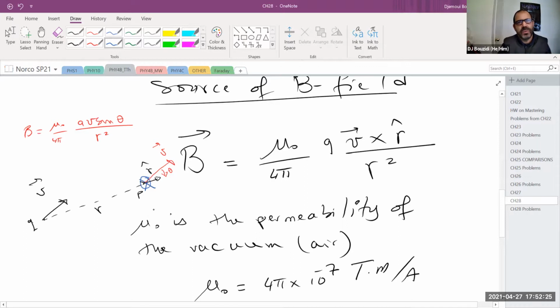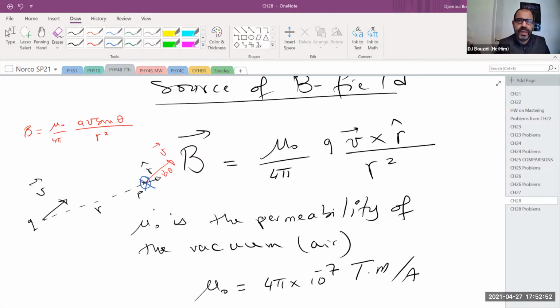This is where the magnetic field is pointing. It's going in, okay? Because if these two, namely the vector V and the vector R hat, are on the plane of the screen, then no matter which way you cut it, the magnetic field can only be in or out of the screen. That's it. Because it cannot be on the screen, because it has to be perpendicular to both R and the vector V. In this direction, actually, V to R, not R to V, okay?